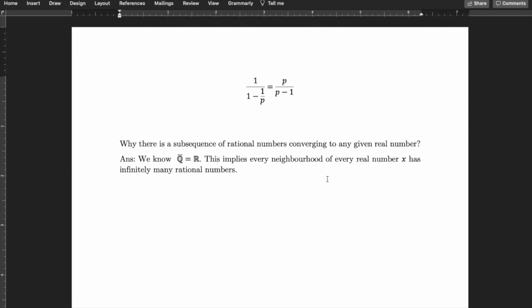That is the definition of limit points, or adherent points, and this is guaranteed by the density property of rational numbers. So by the density property of rational numbers, every neighborhood of every real number has infinitely many rational numbers in it.